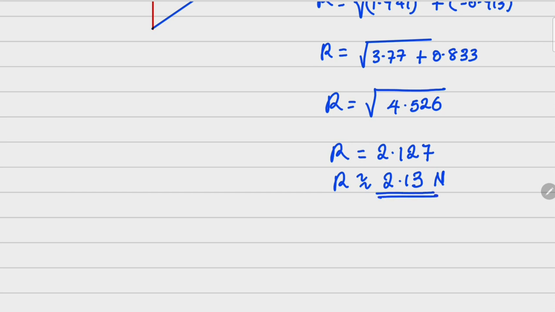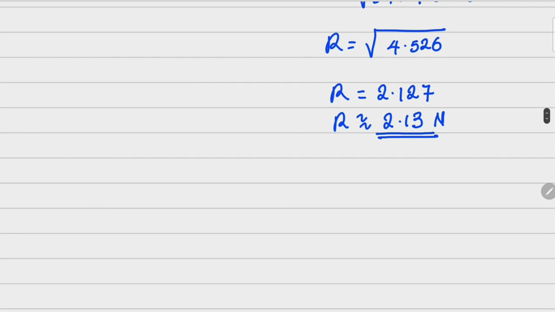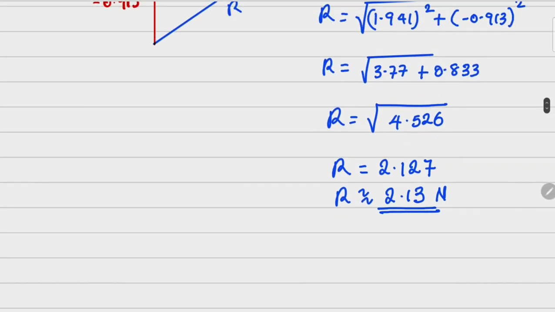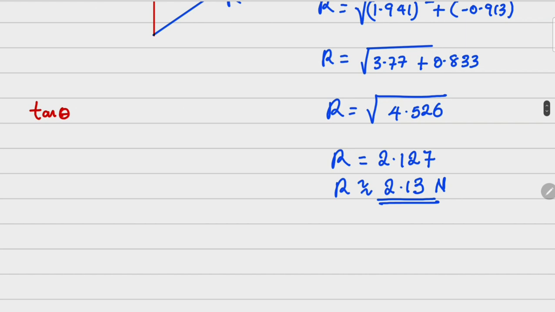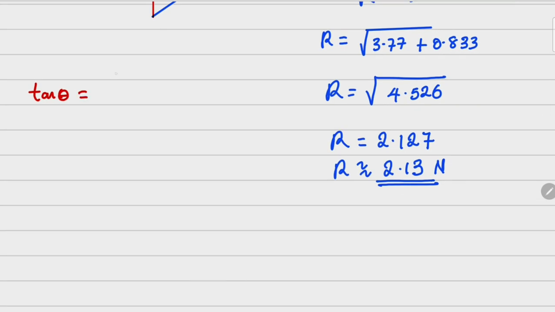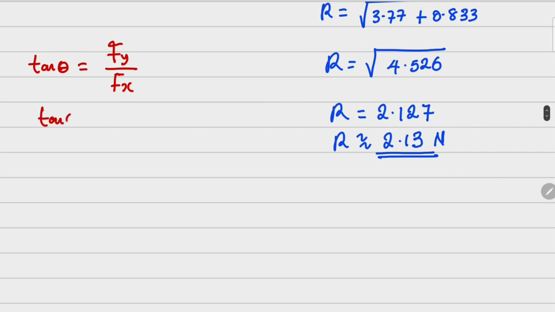So that is the resultant. We've gotten the resultant. Now, how do we find the direction? We know that for the direction, tan theta, and don't forget this is our theta, is equal to Fy over Fx. So tan theta is equal to minus 0.913 over 1.941.